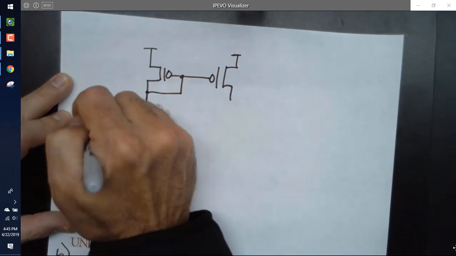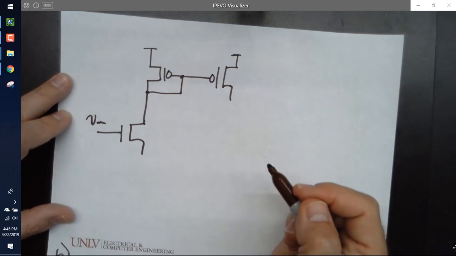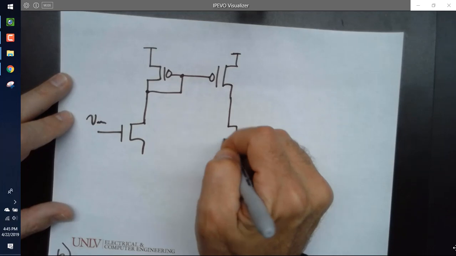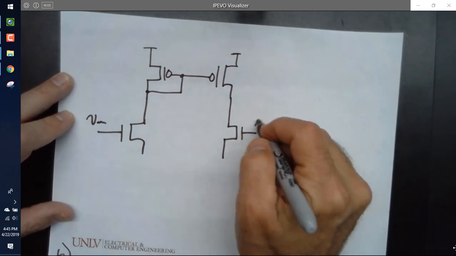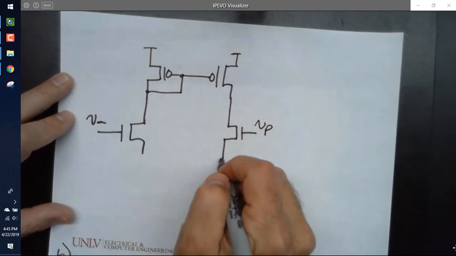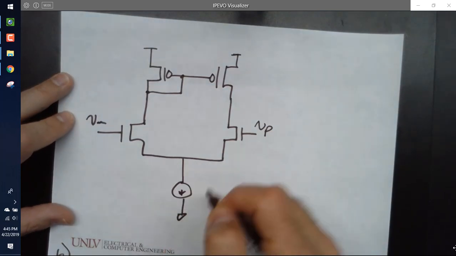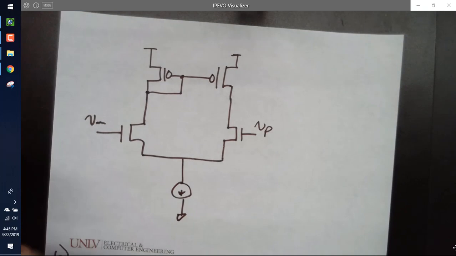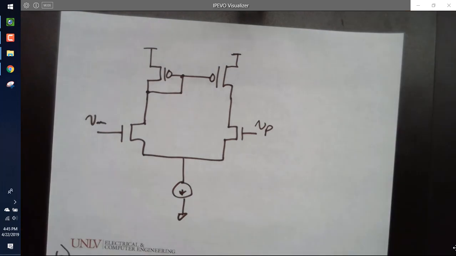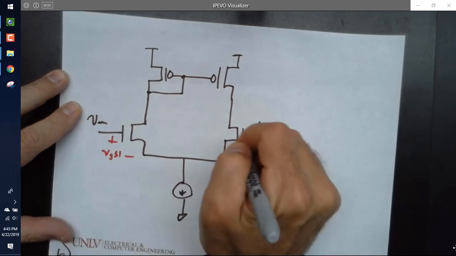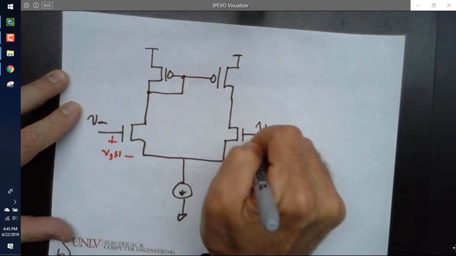This I'm going to call V sub M for the minus or inverting input of the op amp. Here I'm going to call this, what a surprise, V sub P for the positive or non-inverting terminal of the op amp. And then I'm going to write that this is VGS1, this is VGS2.